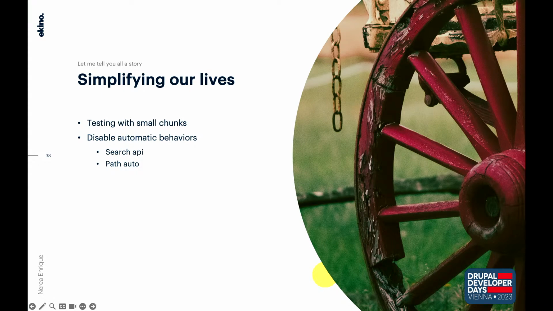We tried using smaller queries, like limited by IDs. And of course, we disable any automatic behaviors, because they're going to slow down every migration you make. It's already slow. Let's not make it slower.